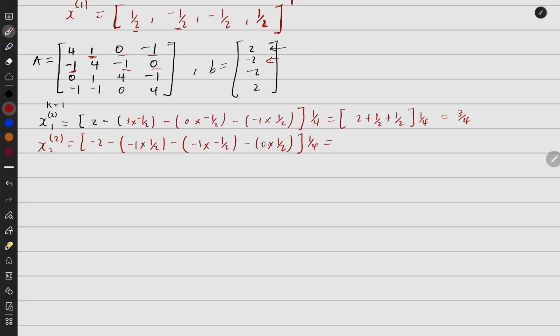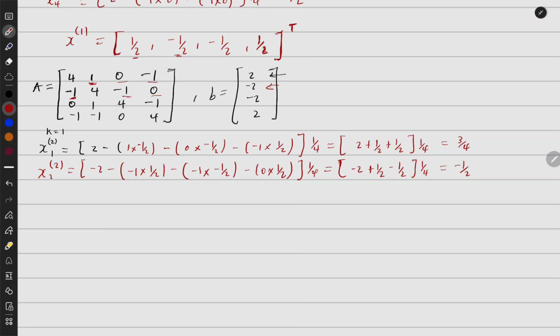This is also 1 over the diagonal element of that row. So we get negative a half.